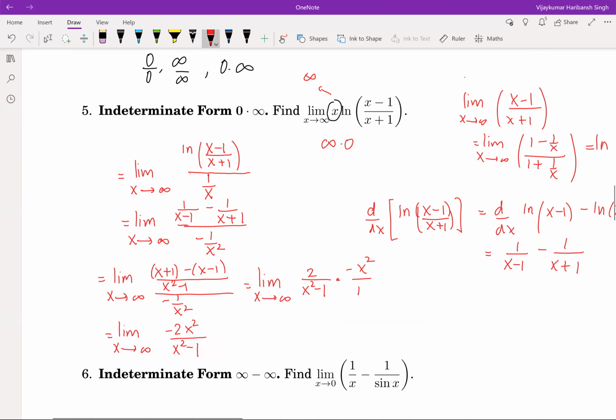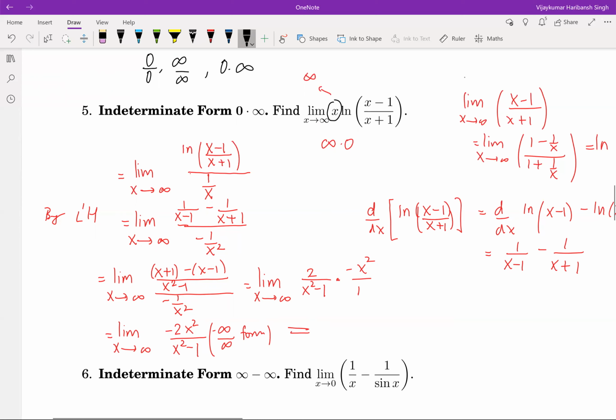Again, so this was L'Hopital's rule here. By L'Hopital's rule, this one we again have to check, and you can check that this is infinity over infinity form. Actually, it's minus infinity over infinity form. They are same thing. Now we can apply L'Hopital's rule again.